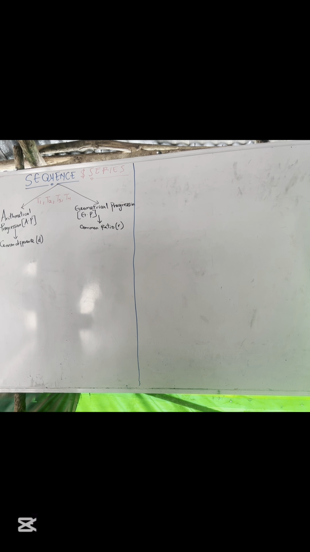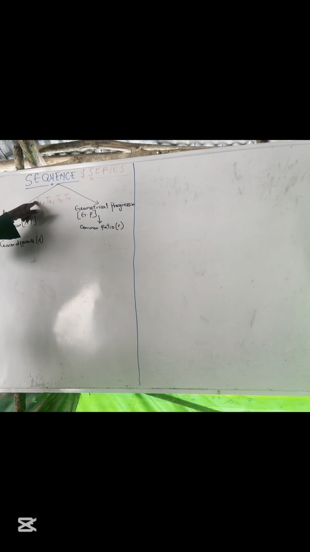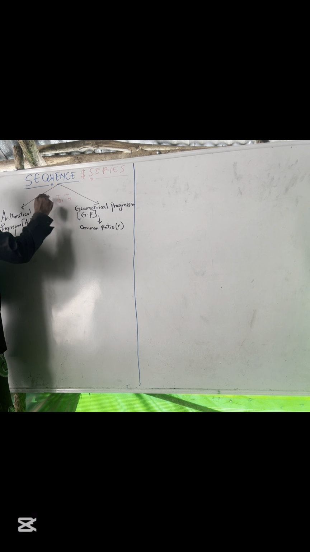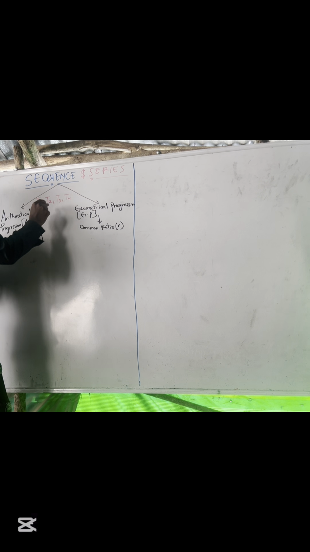That is the first number, the second number, the third number, the fourth number. Do you get that? So what you have to note now is that this second term will be gotten from the first term by a particular rule. The rule that will be guiding second term with first term will be the same rule that will be guiding third term to second term, fourth term to third term.